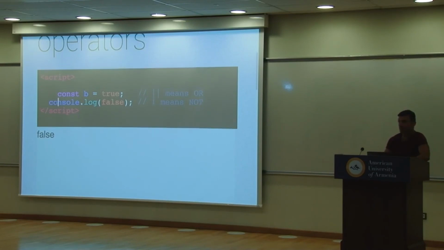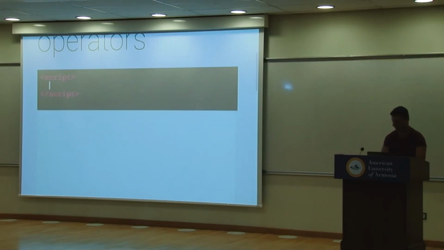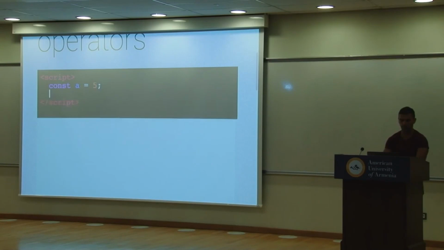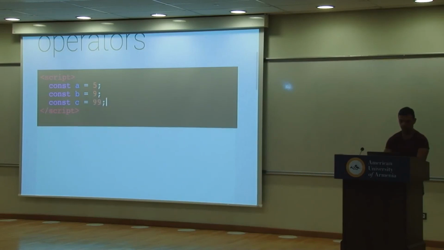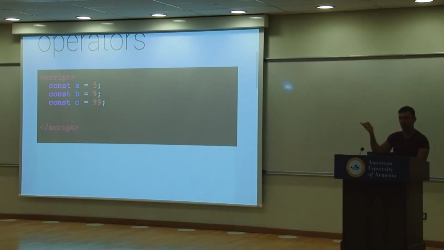Does that make sense? Okay, so let me give you guys an example. Const A is 5. Const B is 9. Const C is 99. Don't name your variables like this. I'm just naming it because it's literally just a random example.